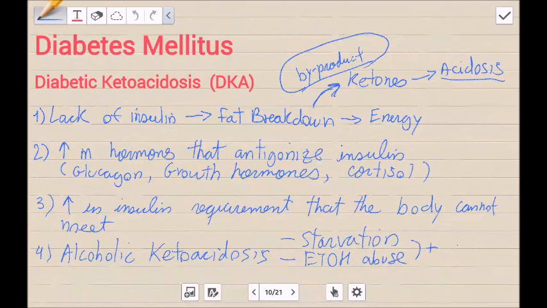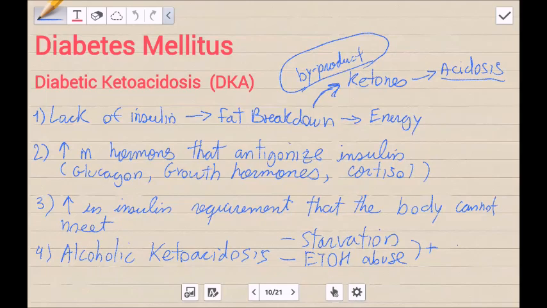Insulin is the key factor that allows the body to use the energy; the energy in the form of glucose is just available, but the body is unable to use it. So hormones such as glucagon, growth hormone, and cortisol all antagonize insulin by increasing blood sugar levels.